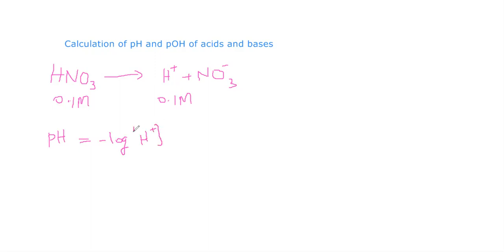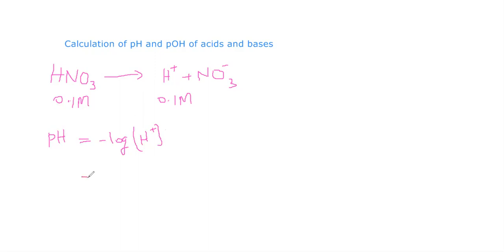You show the concentration in brackets, which indicates molar concentration. This is a very simple formula to calculate the pH of any acid.